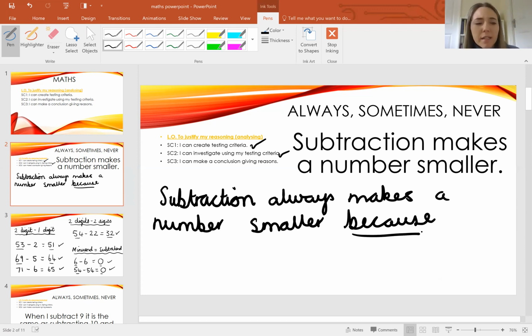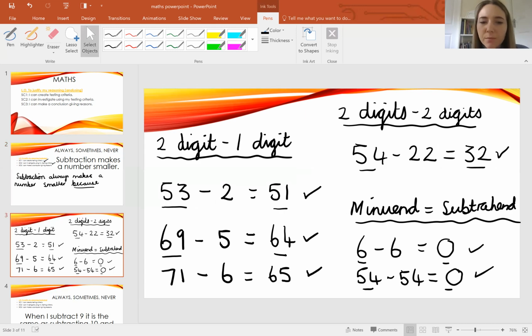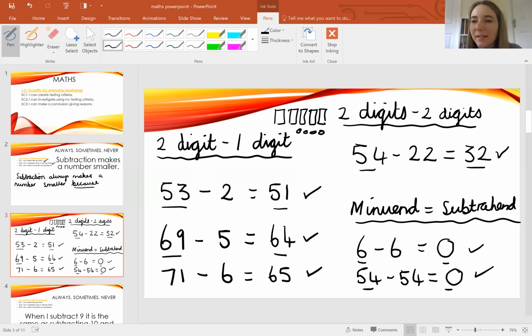So why does subtraction always make a number smaller? Well, we know it's always making a number smaller because we're taking an amount away from an amount. So if we've got an amount there, if we've got 54, if we're subtracting, we're taking something away. So the number's always going to become smaller. Okay, so I could write that in my conclusion.